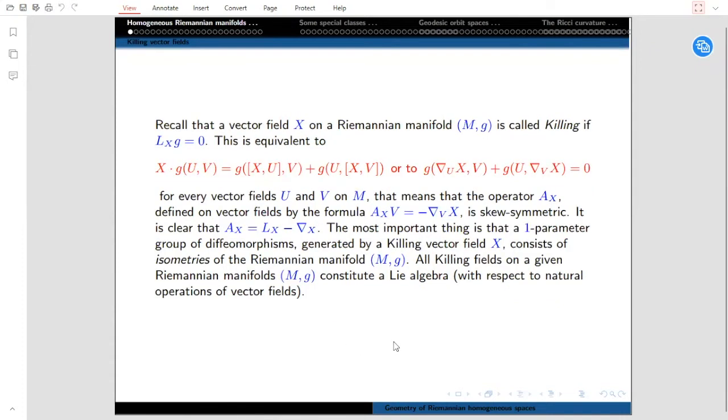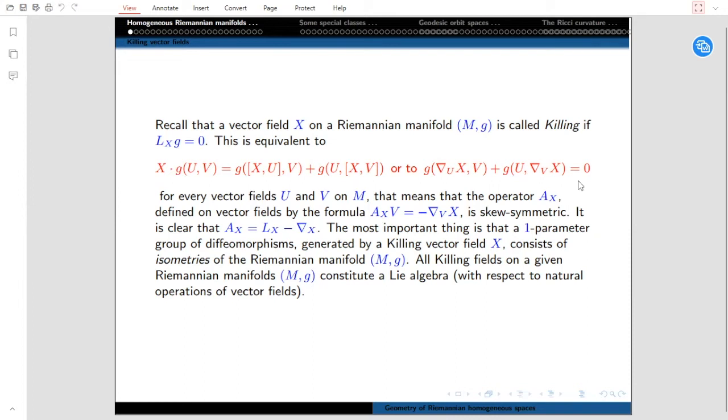Next, let's recall what a Killing vector field is. By definition, there are several equivalent definitions. The simplest way to define it is this equality: the Lie derivative with respect to X of the metric is 0. It's equivalent to this formula or to this other formula.